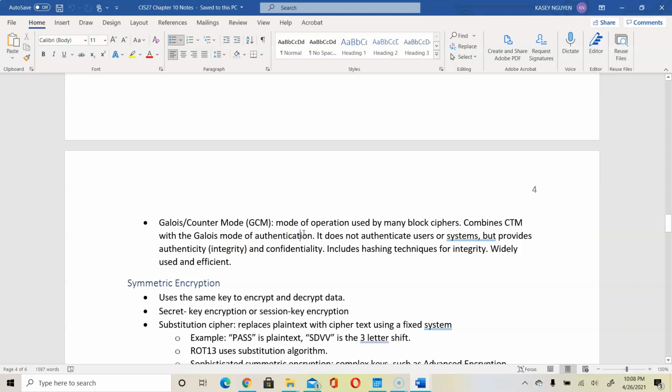It does not authenticate the user of the system, but it'll provide integrity, authenticity and confidentiality in this particular mode. It also includes hashing techniques for integrity, and it's widely used as it is efficient. So we would see GCM being the preferred mode for cryptography if we're looking at efficiency.